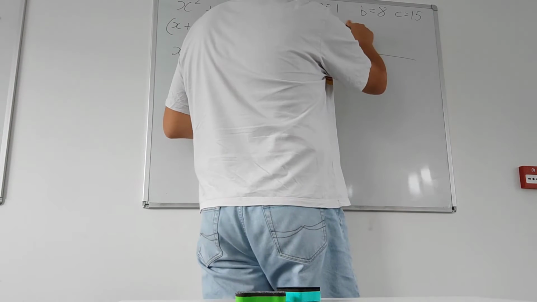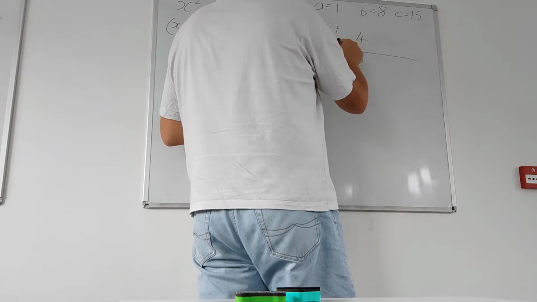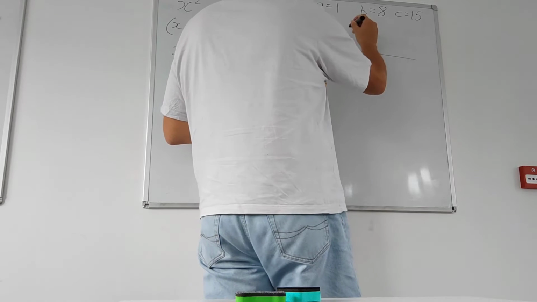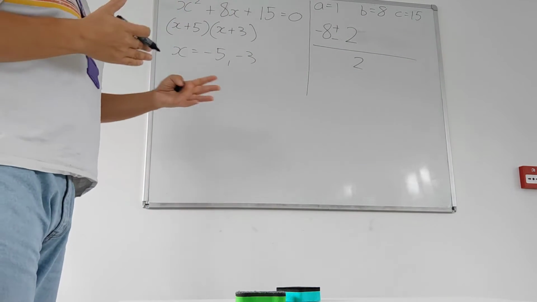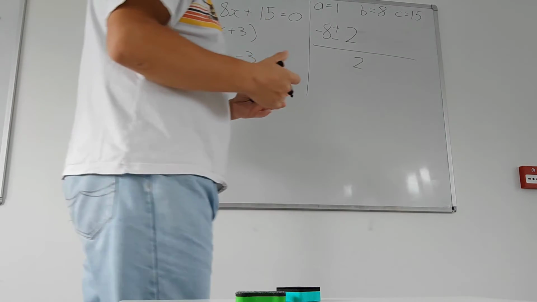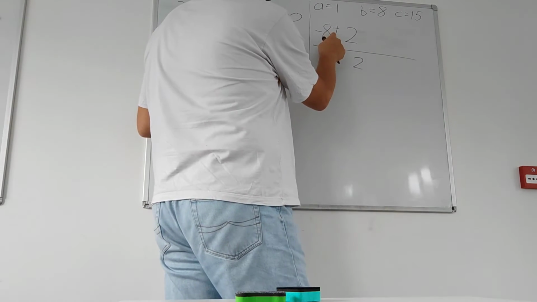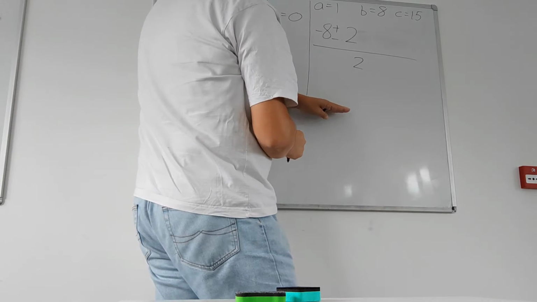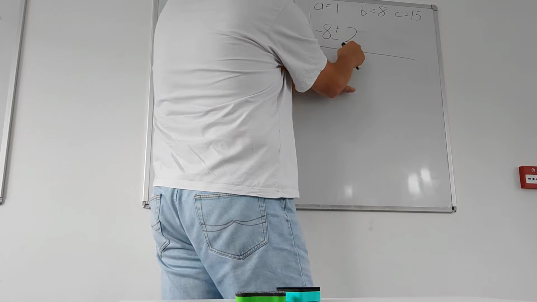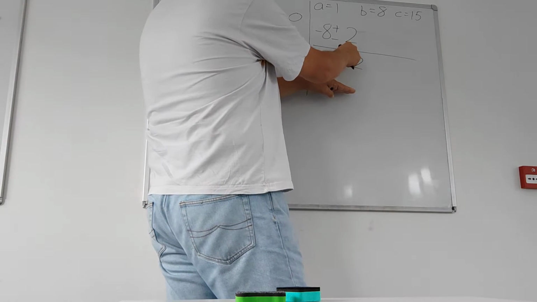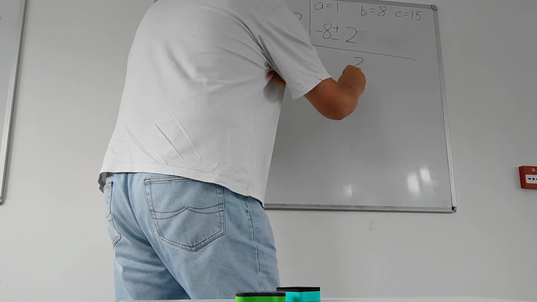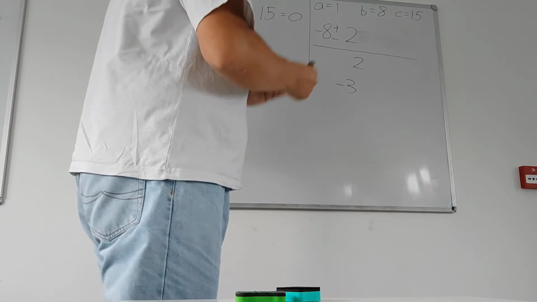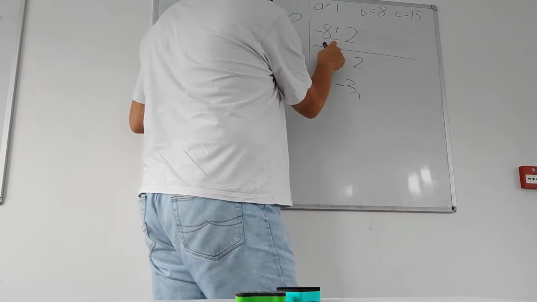Square root of 4, again, I've made this nice. Square root of 4 is 2. Like so. And this is where we reached for the calculator last week. One thing at a time. I always do the plus bit first. So -8. Go up 2, takes me to -6. -6 divided by 2 is -3. Now let's go for the minus part.